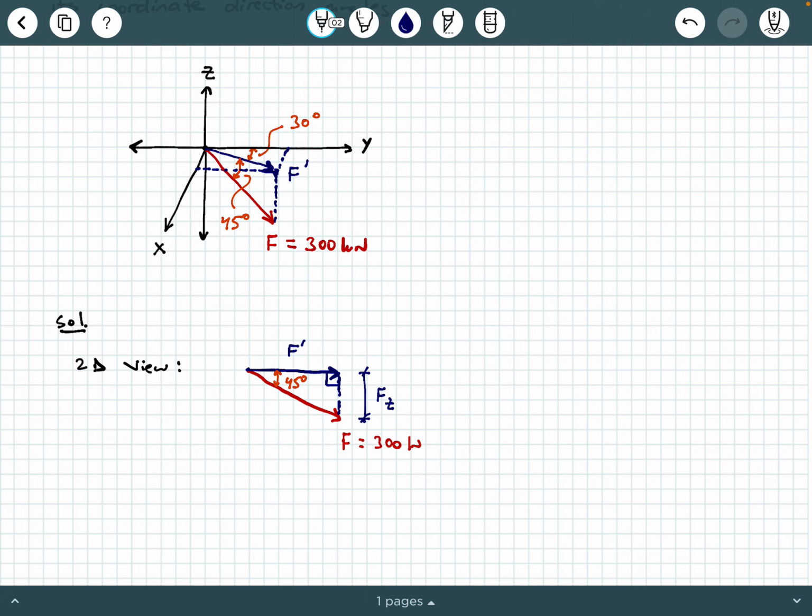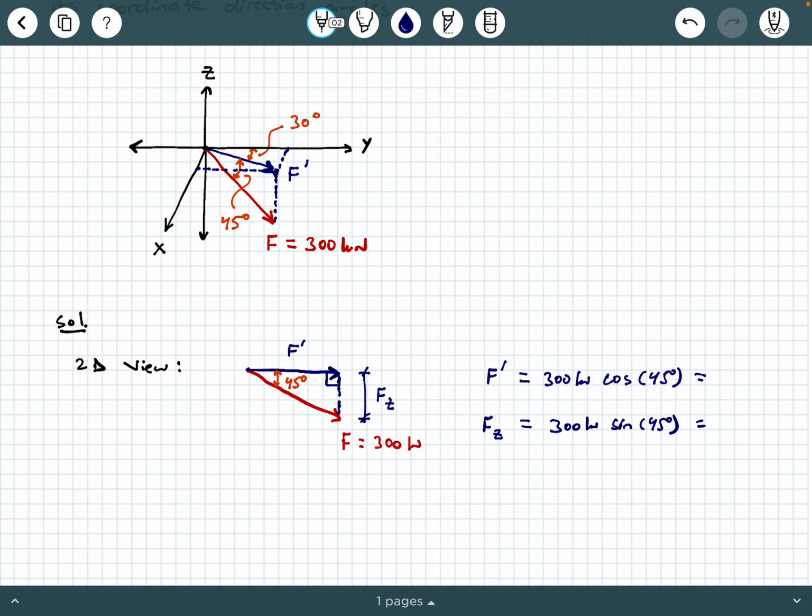If I do some basic right triangle trigonometry, what do I get? F prime is equal to 300 kilonewtons times the cosine of that 45-degree angle. And the z component, F sub z, is equal to 300 kilonewtons times the sine of that 45-degree angle, and sine of 45 is the same as cosine of 45.